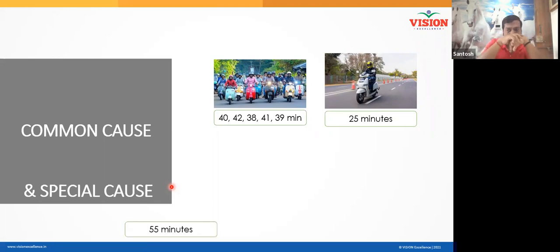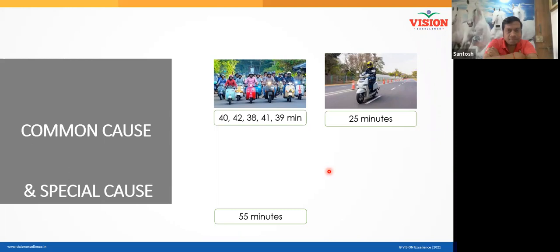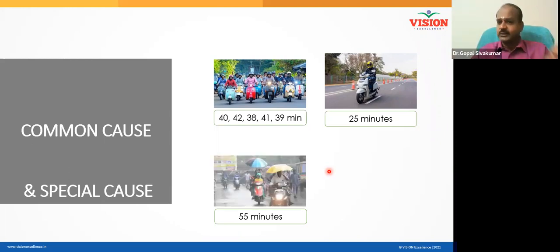Now another day, you took 55 minutes. Similar situation. Only thing is this time you are late. The previous time you were early, but now you are late. So is this a common cause or a special cause? Special. And now there is rain on the way. You have to slow down and you have to come late by 15 minutes.